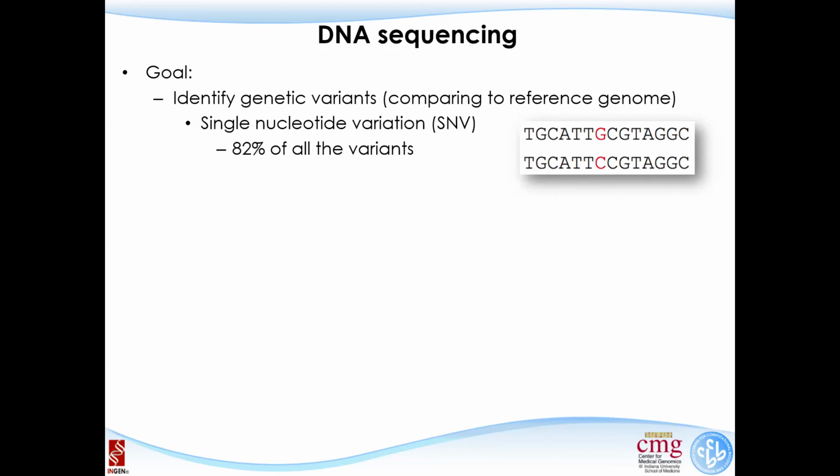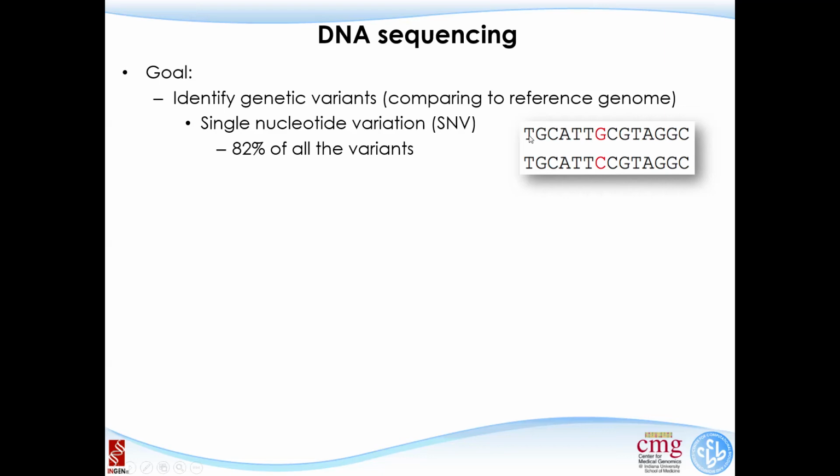There are a couple of different types of signals. The first type is the single nucleotide variants, or SNV. Over 82% of our genetic variants are SNPs or SNVs. There are differences in the terminologies that we will talk about when we get to that part of the lecture.